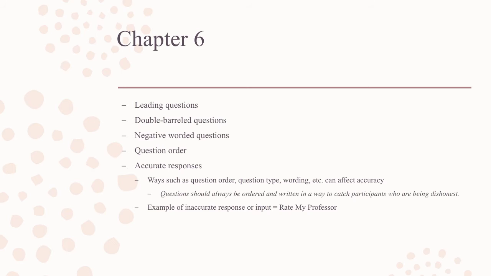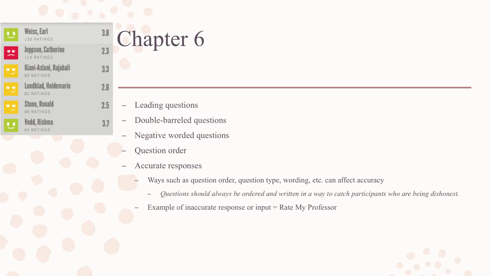An example of inaccurate response or input would be Rate My Professor. And I'll kind of show you why. As you can see here, these were the first 6 teachers, I believe, in the accounting department, if I remember correctly.